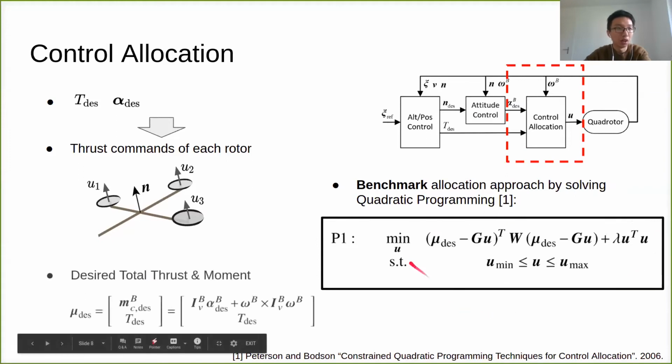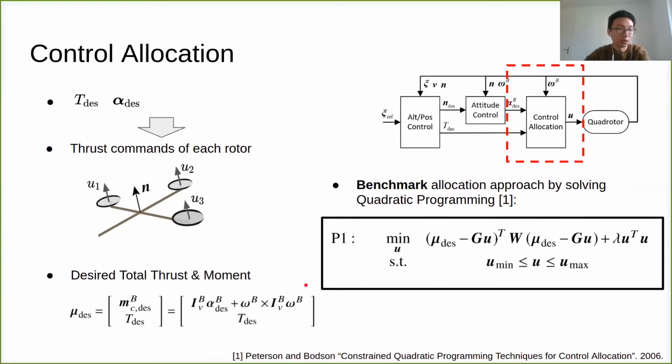Here, mu is the desired total thrust and moment on the entire vehicle, and G is a mapping, which we call the control effectiveness matrix, which maps the thrust of each individual rotor to the resultant thrust and moment. The second term in this cost function tries to minimize the control effort, and the constraints make sure that the thrust command given to each rotor satisfies the physical limitations.